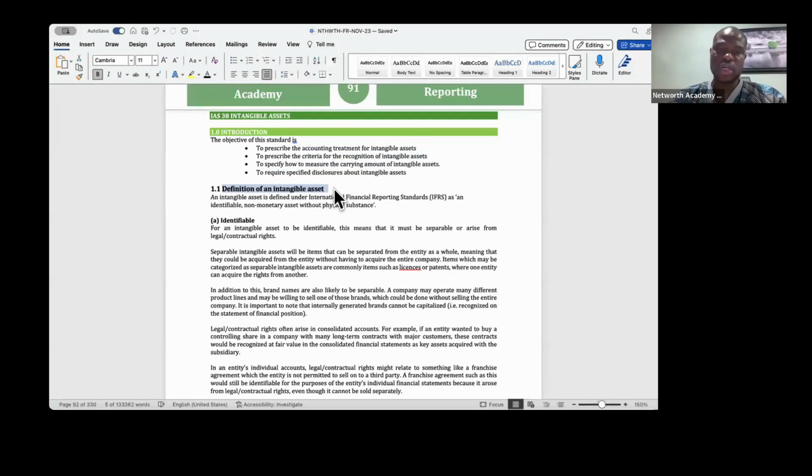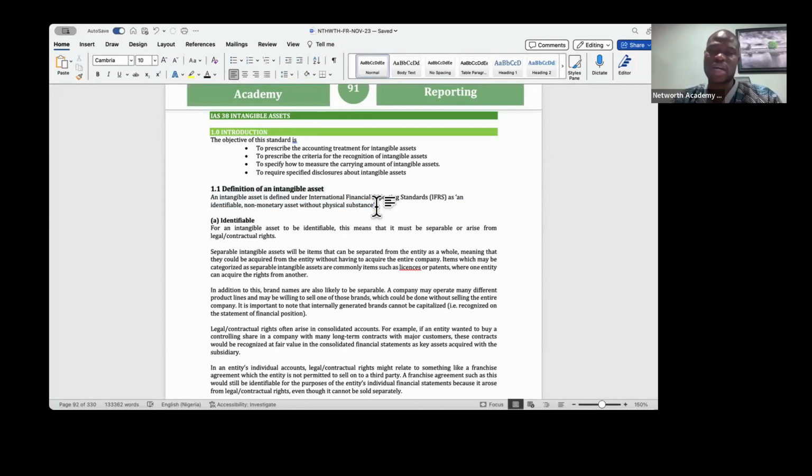And for us to do that, we need to look at the definition given by IAS 38 for an intangible asset. And IAS 38 said that an intangible asset is defined as an identifiable non-monetary asset without physical substance.